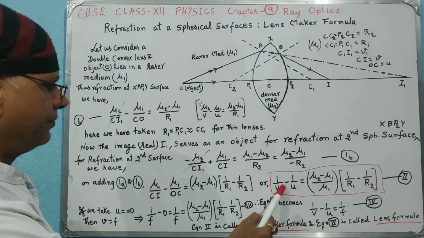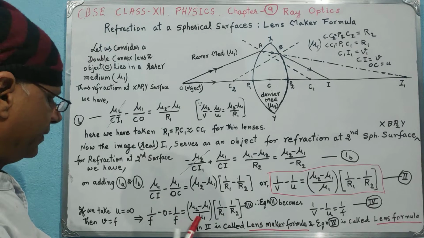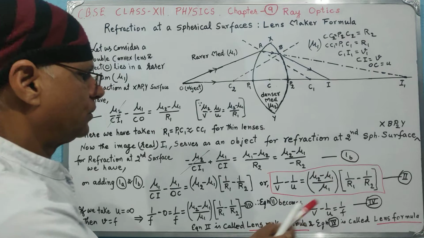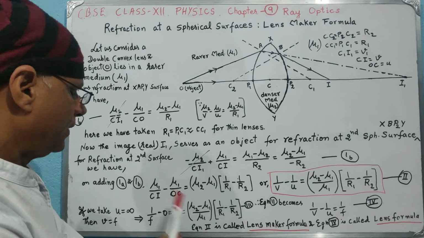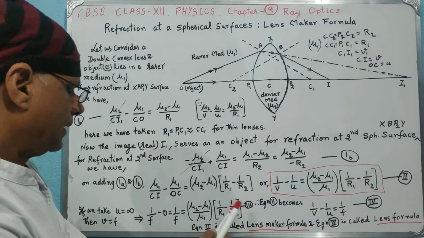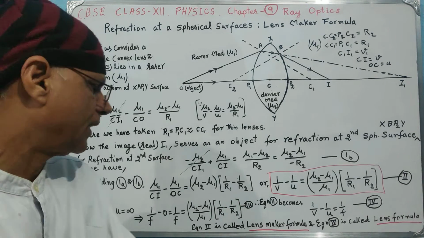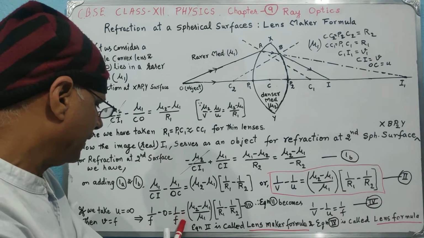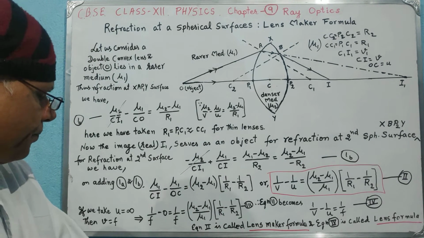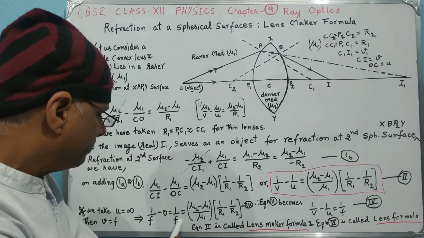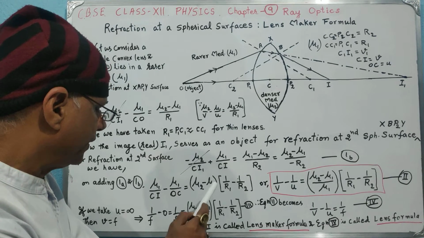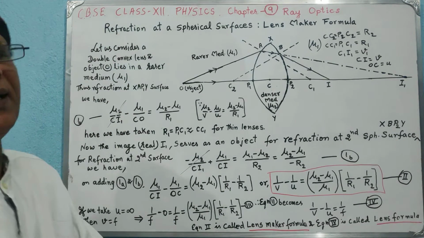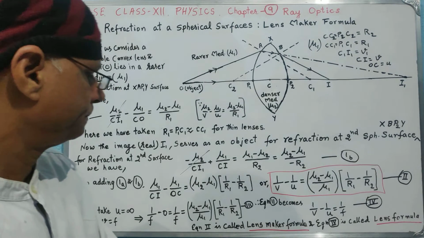So we have 1 by f minus 0, that is 1 by f, equal to, and on the right hand side everything remains unchanged. So mu2 minus mu1 whole divided by mu1 within bracket, and in another bracket 1 by R1 minus 1 by R2. This equation gives us the value of focal length of a lens which depends upon the refractive index of the two mediums and radius of curvature of the two surfaces where the refractions take place.